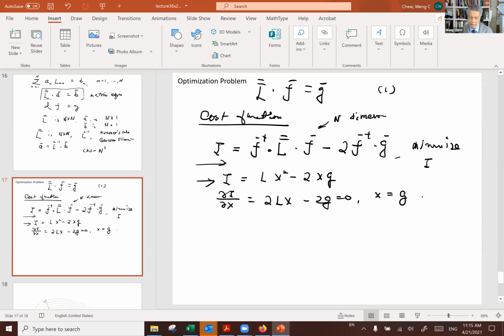So finding the minimum is slightly more complicated, but we can use variational calculus to help us find the minimum of this.